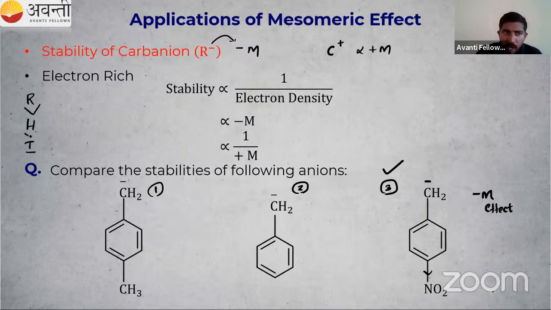After that, you have to check hyperconjugation. Last, you have to check the inductive effect. Resonance stabilization is very dominant, then hyperconjugation, then the inductive effect. In resonance, there is delocalization of pi electrons, and it gets more stability. So that is the application of the mesomeric effect.